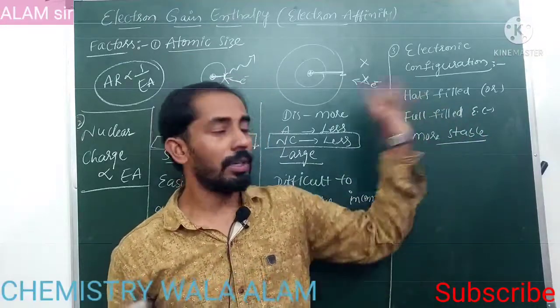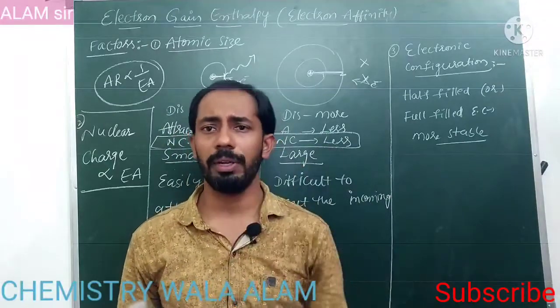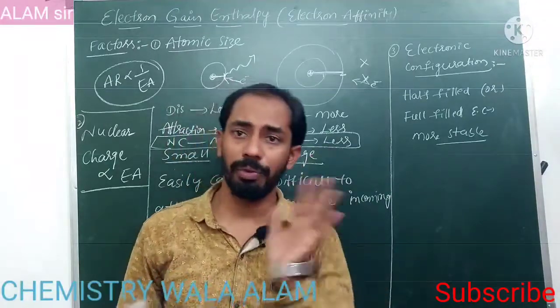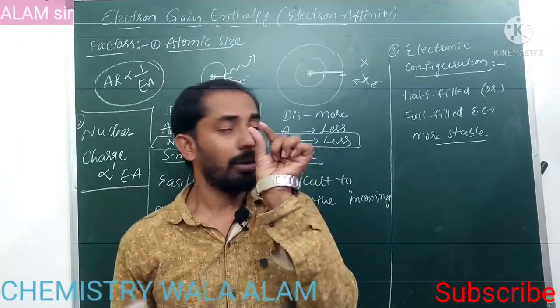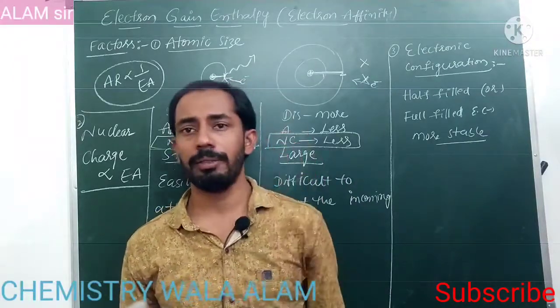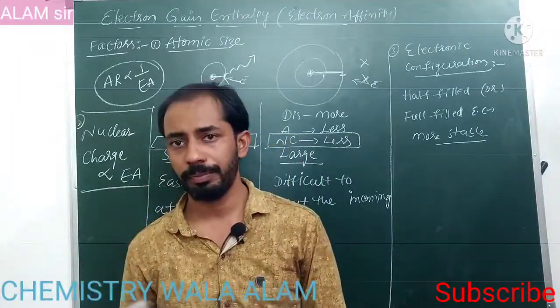Elements with half-filled or full-filled electronic configuration, either s orbital or p orbital, have low electron affinity values, which may be considered as 0 or positive.